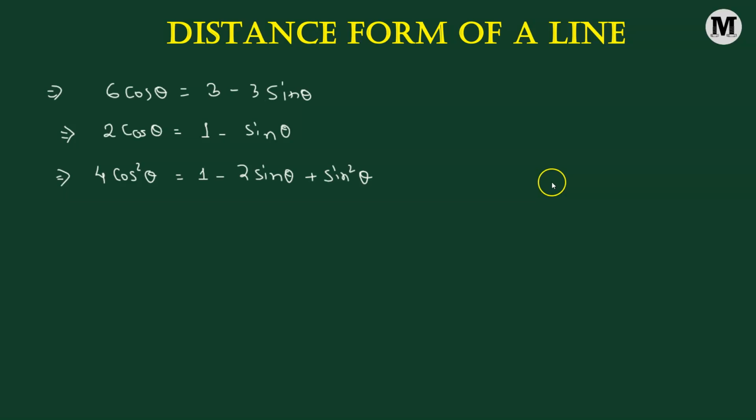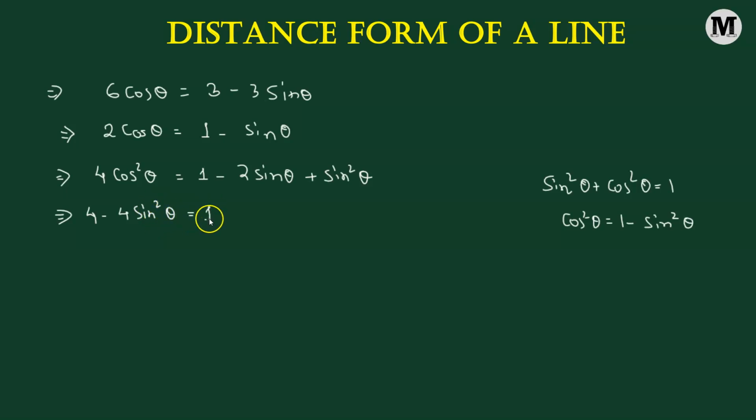Now we know we have a standard identity, sine squared theta plus cosine squared theta equals 1. So here in place of cosine squared theta, we can replace it with 1 minus sine squared theta. So on the left hand side, 4 multiplied to cosine squared theta gives 4 minus 4 times sine squared theta, equal to 1 minus 2 times sine of the angle theta plus sine squared theta.